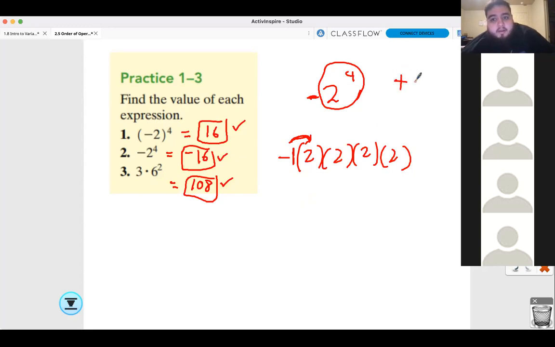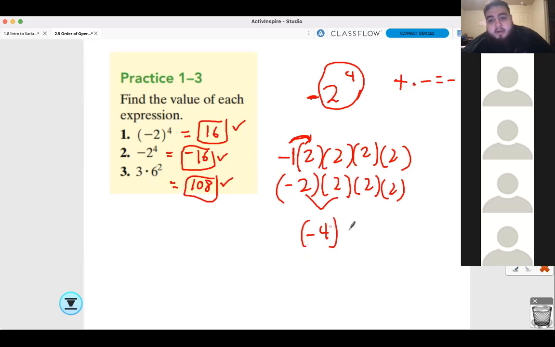No, I take that back. -2. And then we're gonna go ahead and multiply the -2 with this all the way through. So what's a -2 times a 2? -2 times a 2 is 4. What kind of 4? Negative. Good. And then we're gonna do -4 times 2, which is what? -8. And then we're gonna do -8 times 2, which is what?